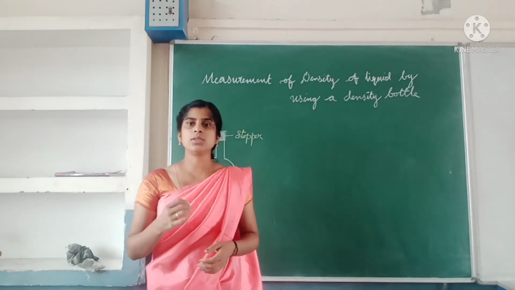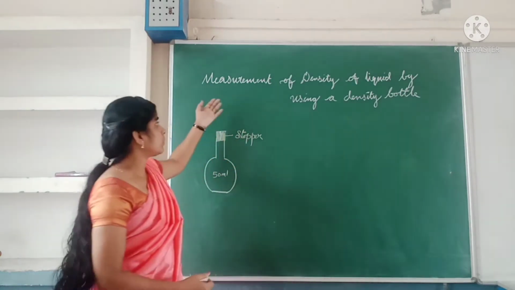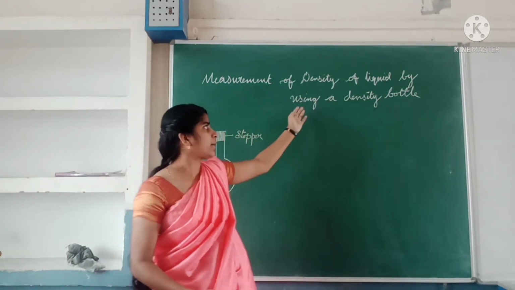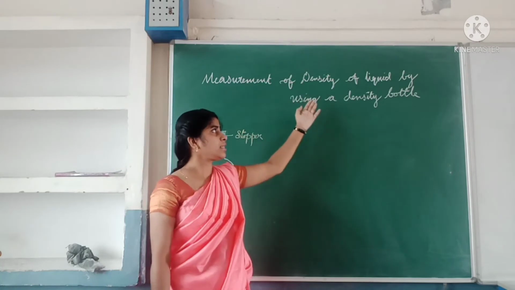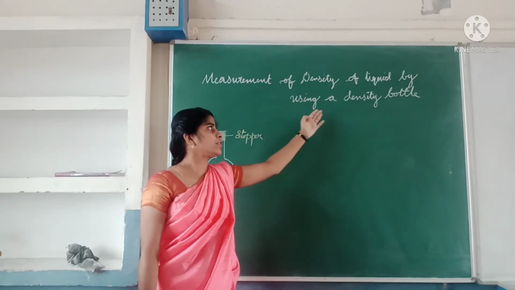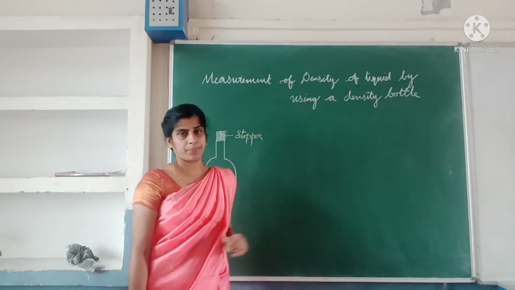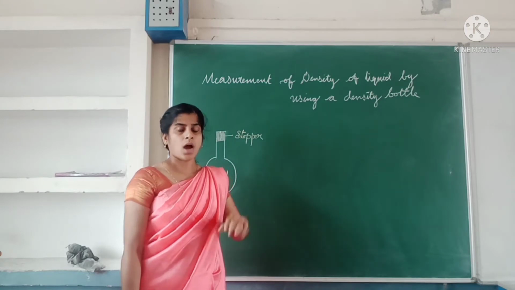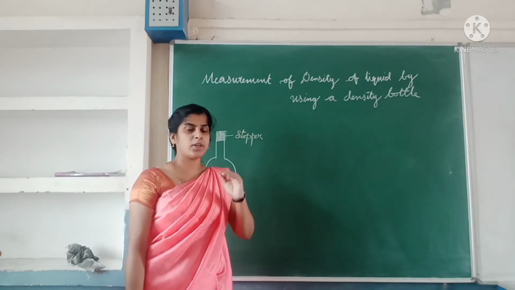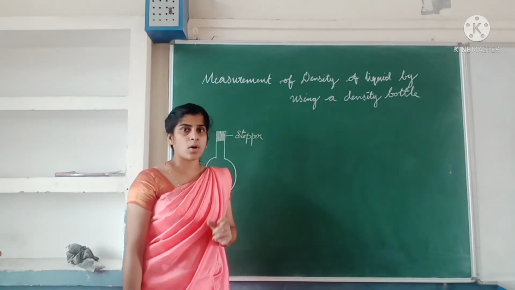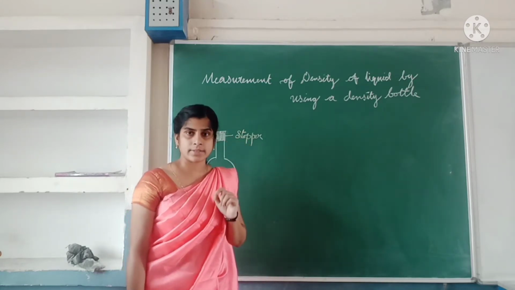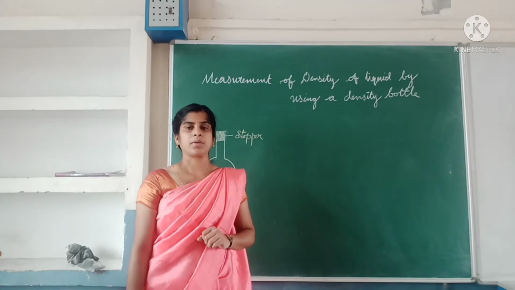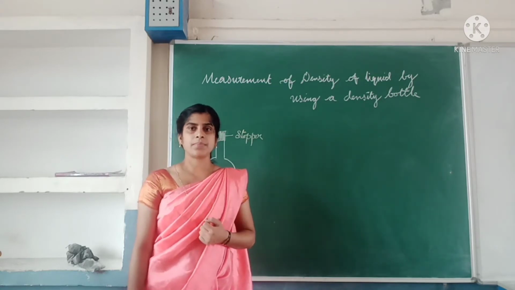Today we are going to discuss the measurement of density of a liquid by using a density bottle. So how can we measure the volume of liquid with the help of a density bottle? Do you have any idea about this?